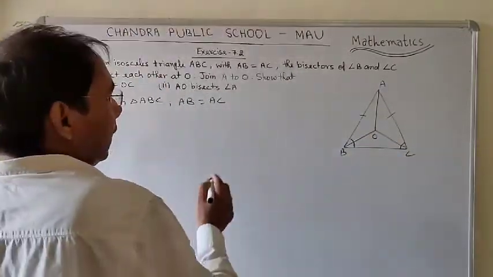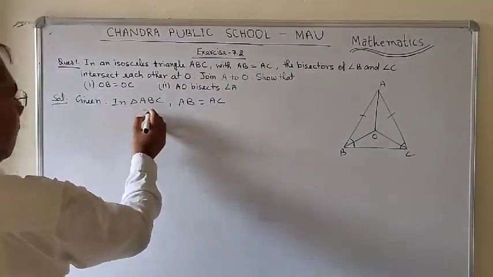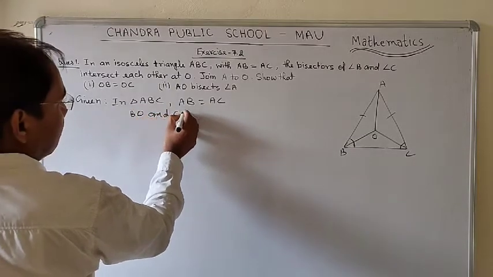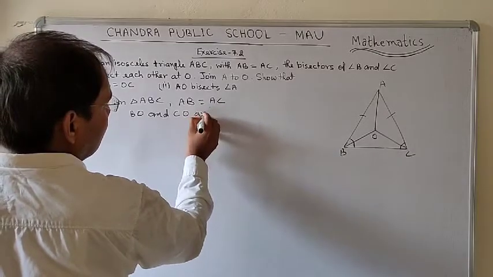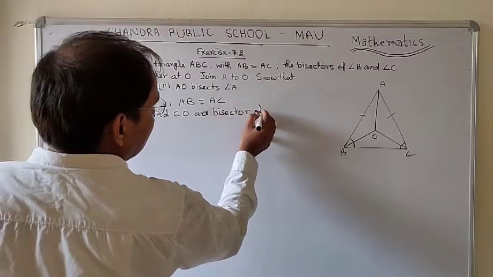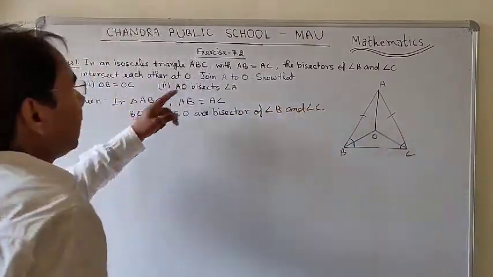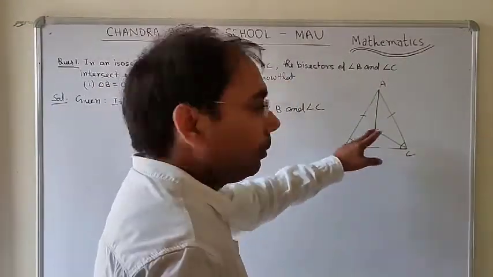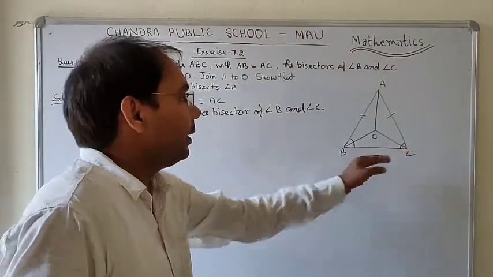So here you can write BO and CO are bisectors of angle B and angle C. It is given in the question: the bisectors of angle B and C intersect at O. It means BO and CO are the bisectors of angle B and angle C respectively.